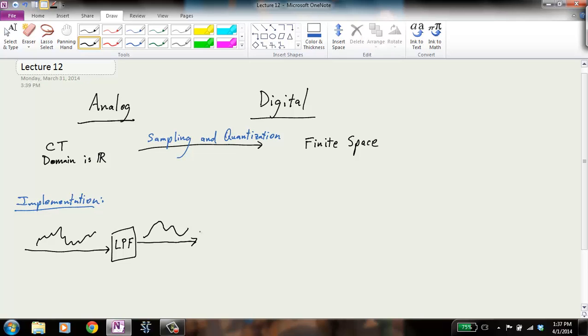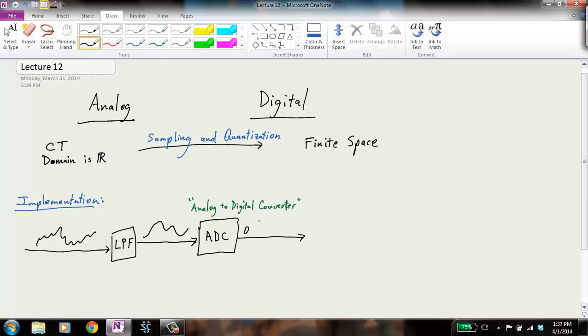Okay, then it goes into what's referred to as an ADC, an analog to digital converter. Right, and out of here comes some bits.